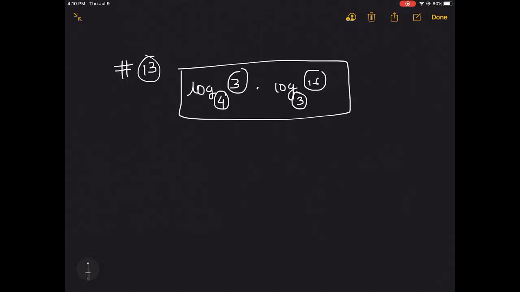What you can do is, first of all, write log 3 base 4 times log 3 base 4 squared, right? 16 can be written as 4 squared.